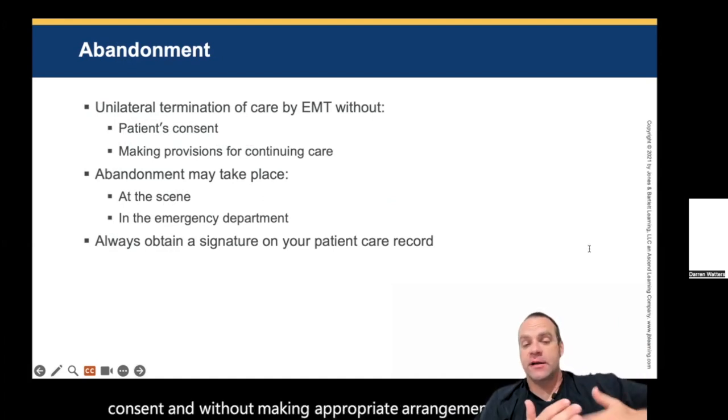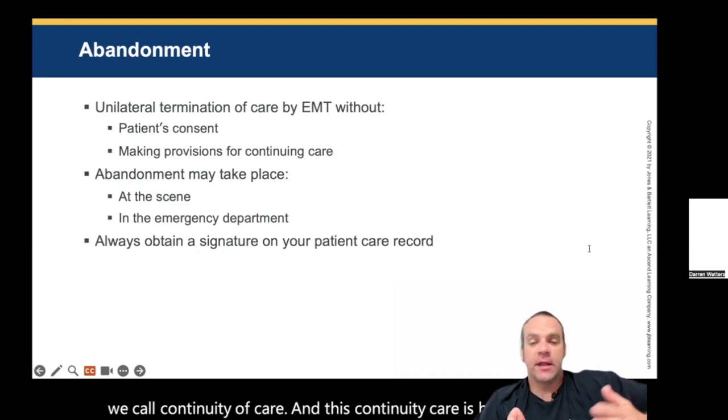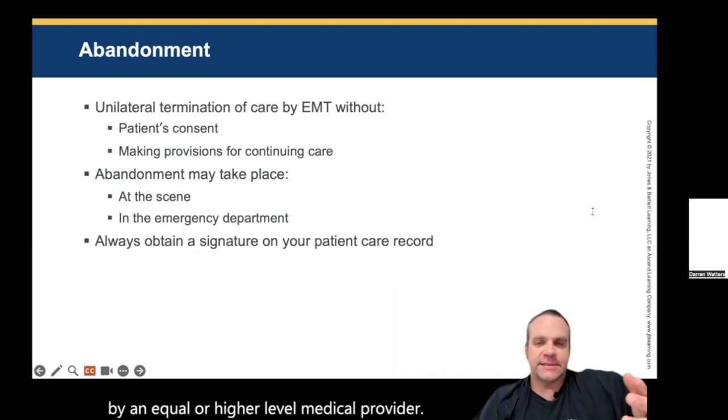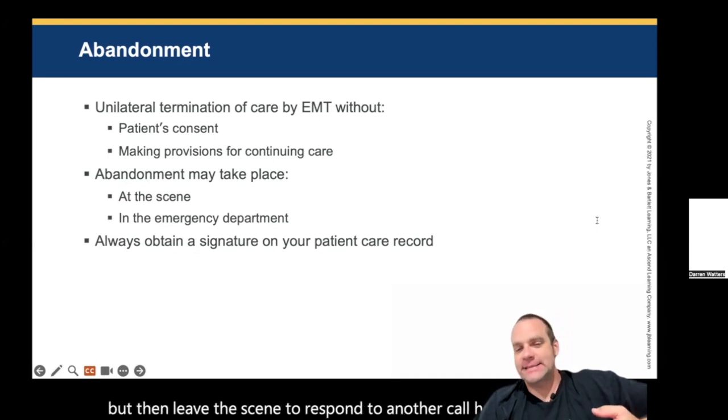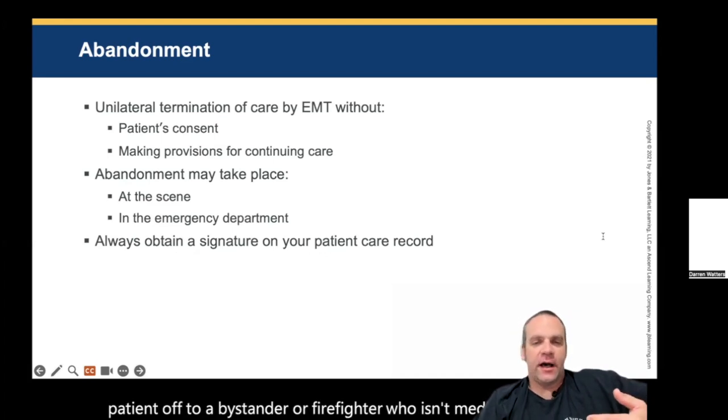And this continuity of care has to be by an equal or higher level medical provider. A classic example is, let's say you start care on a trauma patient, but then leave the scene to respond to another call, handing the patient off to a bystander or firefighter who isn't medically trained. That would be considered abandonment. Okay.